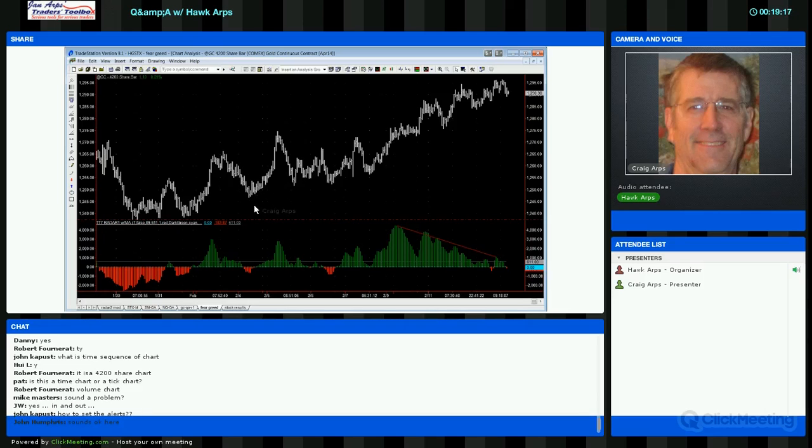You don't need to have the volume indicator, and it also makes every bar equally weighted in terms of how many shares were traded. So when you have those overnight bars on 5-minute or 10-minute charts where there's no trading, those are insignificant bars to my indicators. So this is why I like to use tick charts and volume charts.